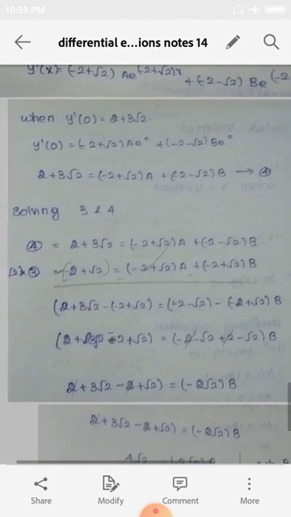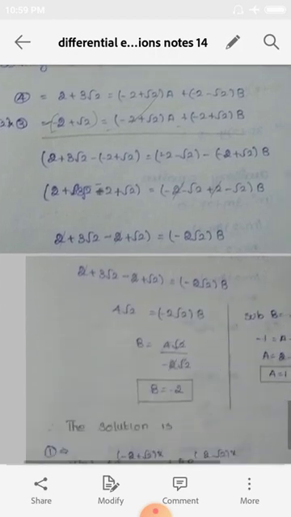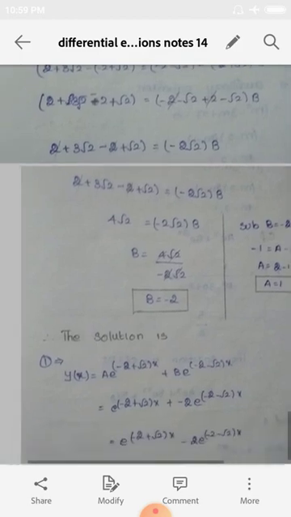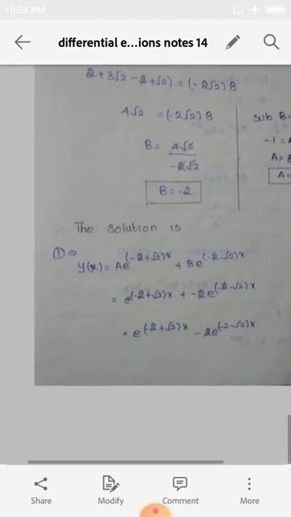So after solving equations 3 and 4, we get b is equal to minus 2 and a is equal to 1. So after solving for a and b, write y of x is nothing but a into e power minus 2 plus root 2 x plus b into e power minus 2 minus root 2 into x. So substitute the values of a and b, we get the solution.